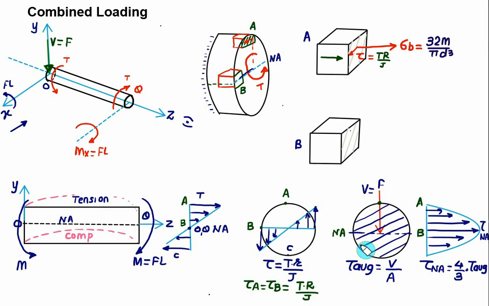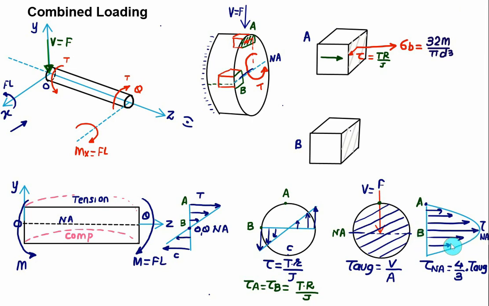The next job is to show the shear stress at point A due to the force F. This shear force will act in a vertically downward direction, that will be equal to V, the same as F. For this shear stress, if you observe the distribution, at point A the shear stress will be equal to 0, but at point B it will be maximum.